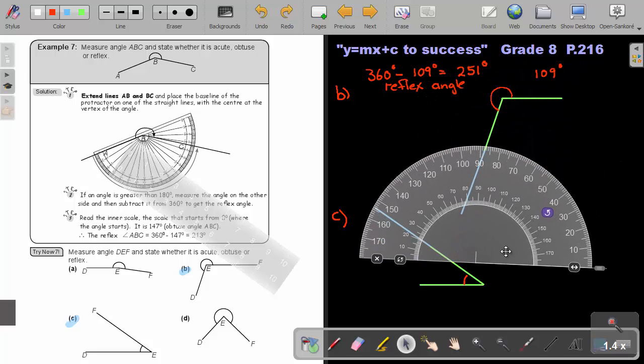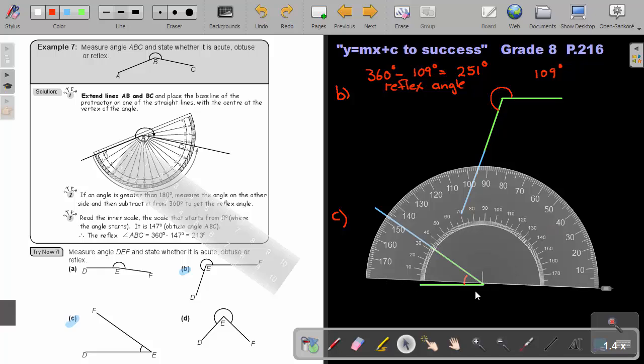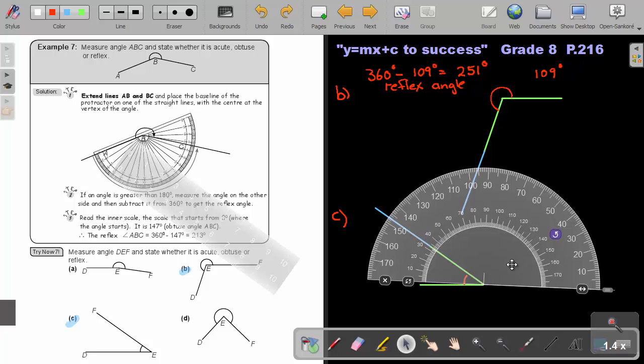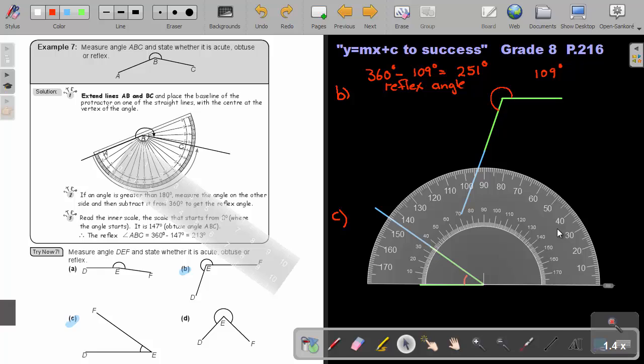And now make sure this line, which is on this, I don't have to extend. Only the line that I want to read. So we're going to move it a little bit until it's exactly on that line. And make sure that the vertex is on that center there in the middle.